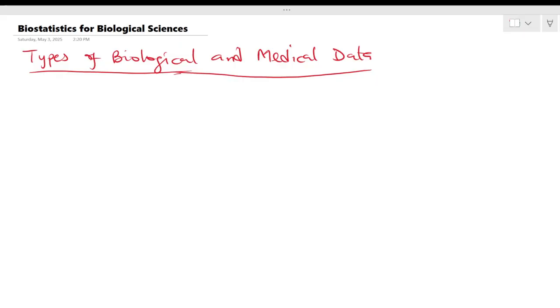Most biological and medical data are qualitative in nature. In our previous lectures, we've looked at qualitative and quantitative data analysis. So they are qualitative in nature. The scale of measurements of biological and medical data are usually nominal and ordinal scale, as we saw during our lecture on qualitative data.